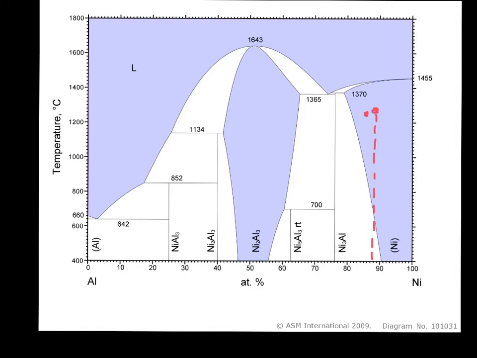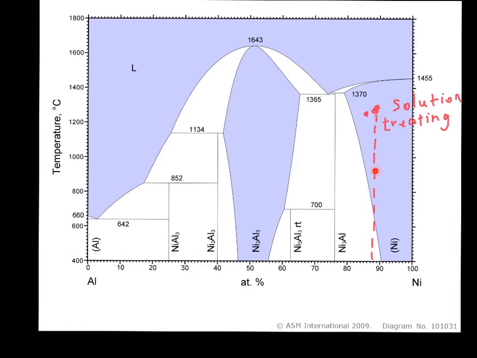And you heat it up into this single phase region for what is called a solution treatment. And basically what you're doing is you're getting the aluminum atoms to dissolve in the nickel solution. So you have this solid solution of nickel with aluminum in it.